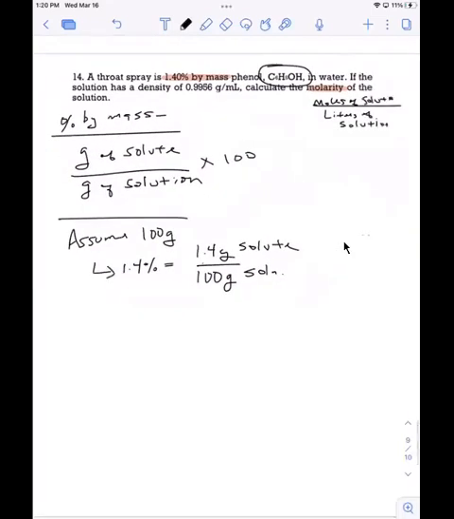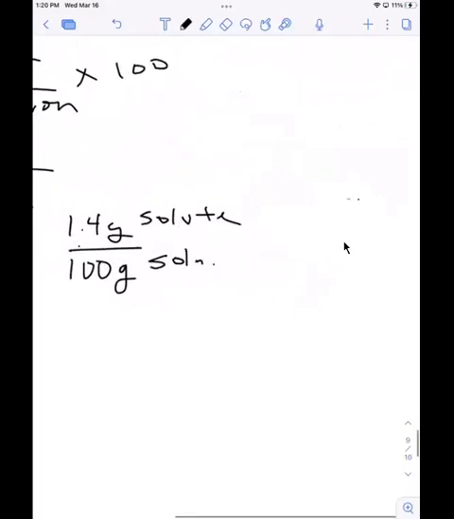If we assume that the sample is 100 grams, then we have 100 grams of solution and we have 1.4 grams of solute. So that solute in this case is phenol.